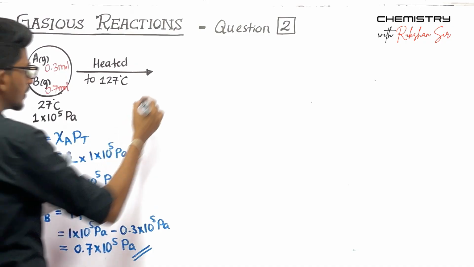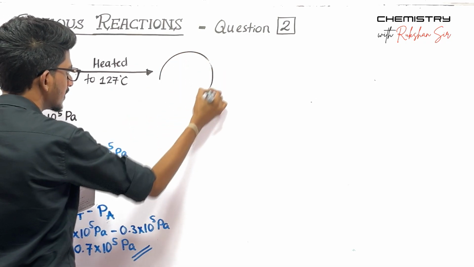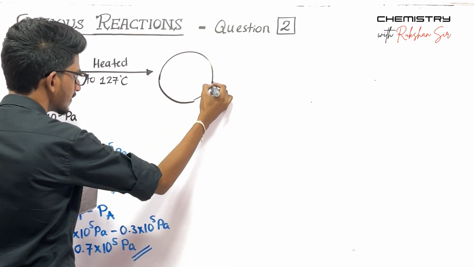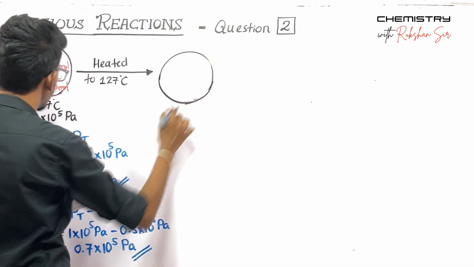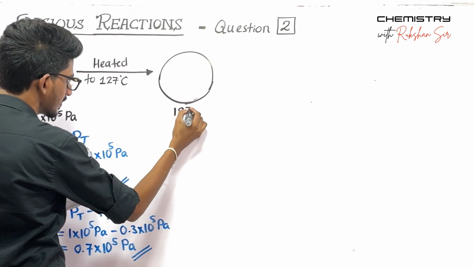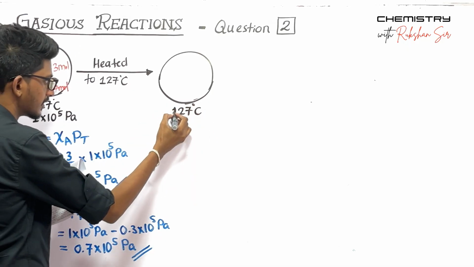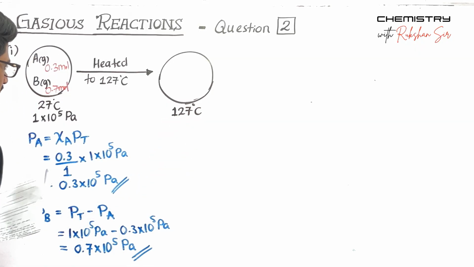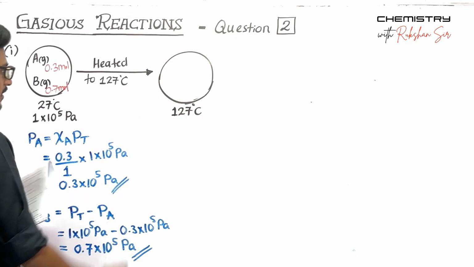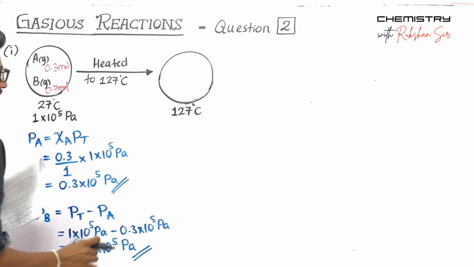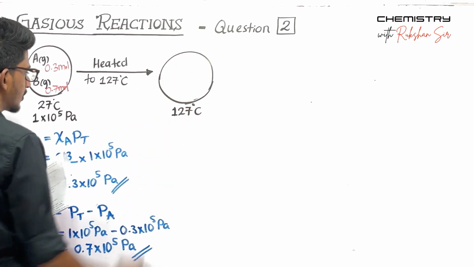So the system would look like this. We have the vessel now at 127 Celsius. This is the initial situation before the reaction at 127.